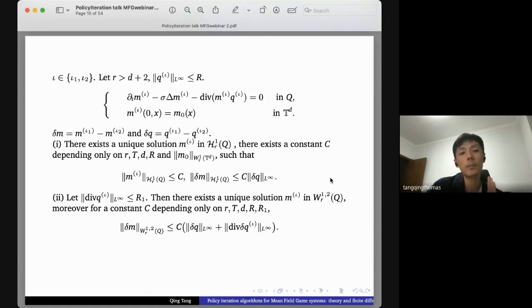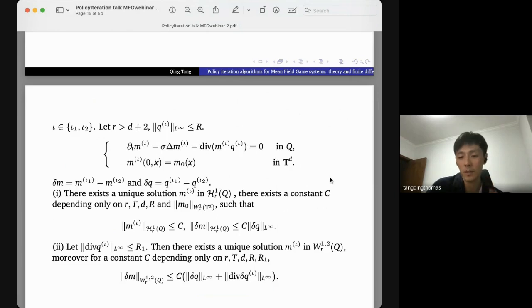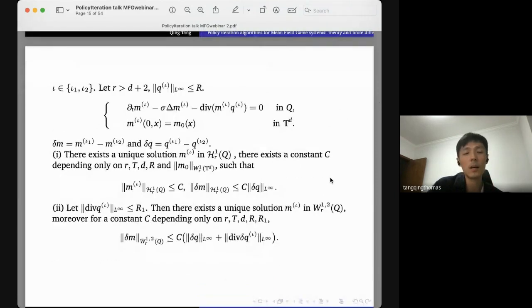Plus, a very important point is that I have a lot of constants C here. The important thing is that in general you cannot make assumptions on how big C is. It will be good if we can. But in general, C is just some constant depending on the data of the problem. It's very intractable. You cannot say C is less than 1 or less than 1 over 2.